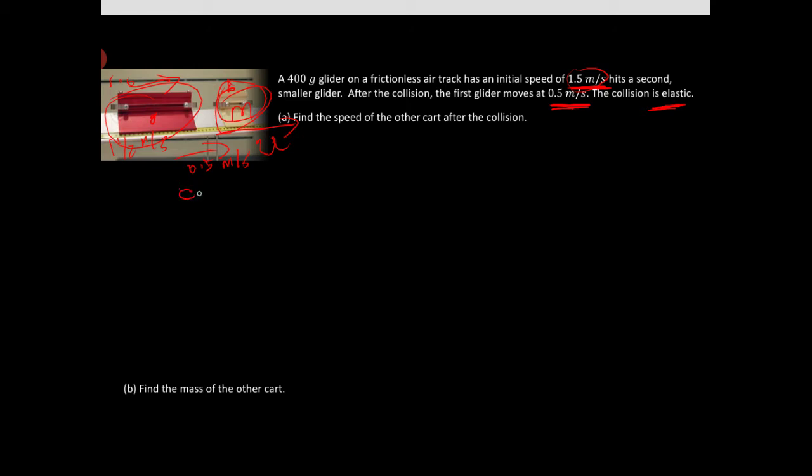So all collisions conserve momentum. So we're going to have to conserve the momentum here. And then we're going to also, in this case, because this is elastic, conserve energy. And we're going to need to get both of those two conditions working to solve this.